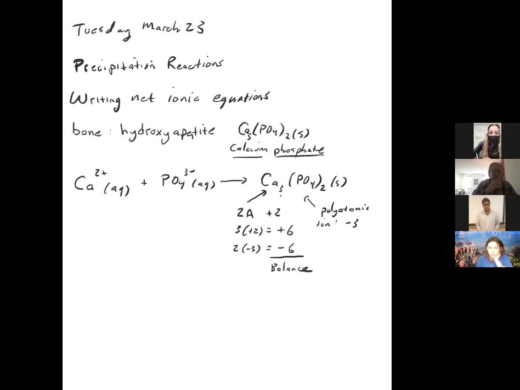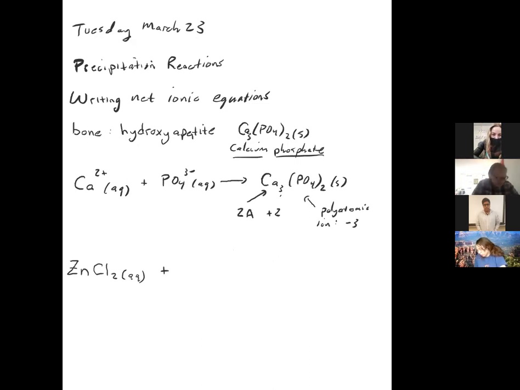So in the first type of question, writing net ionic equations, what they do is they give you the balanced molecular equation. This is called a molecular equation. I'm going to need a little more room over here, so let me erase this. Okay, so the first compound in the reaction is called zinc chloride.